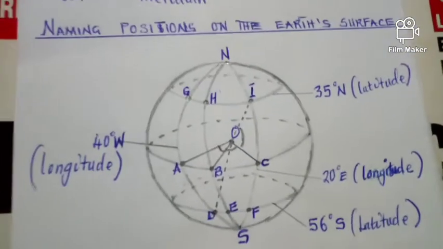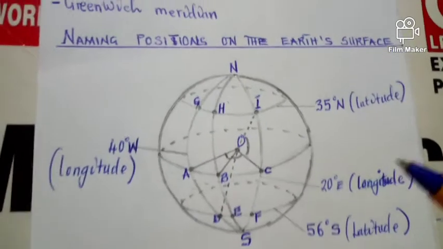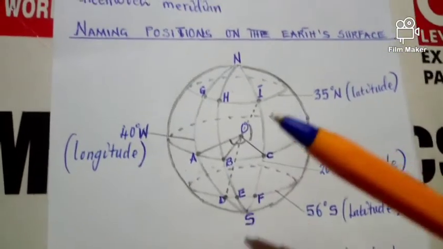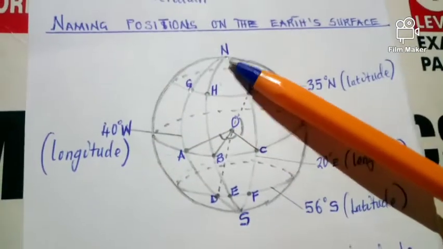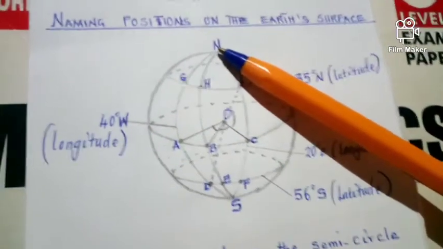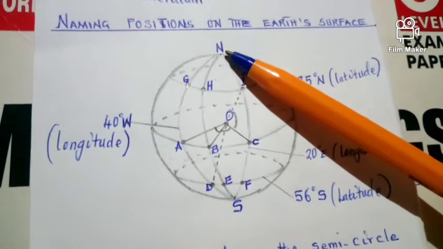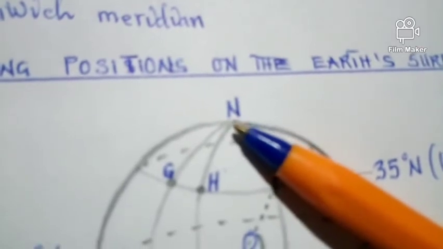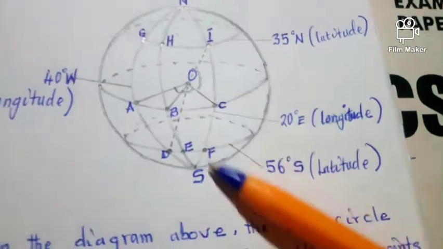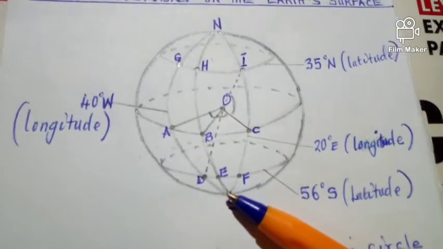Okay. So, naming positions on the Earth's surface. As you can see in this diagram, it shows the Earth, which is spherical in nature, as we have said. We have the North Pole here, then we have the South Pole here.